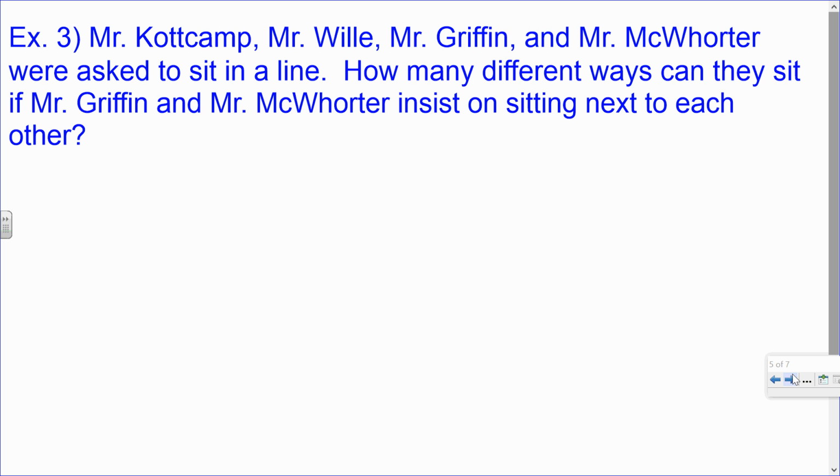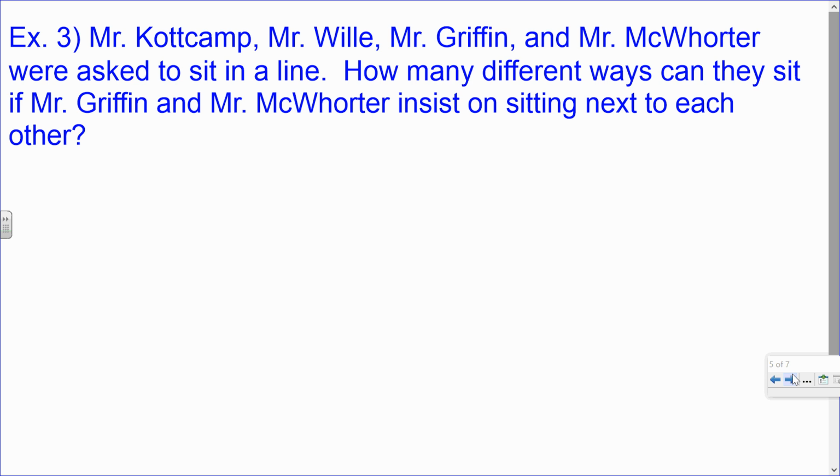So maybe this is at graduation, and since Mr. McWhorter does all of the planning and Mr. Griffin's the principal, maybe they want to make sure they're seated together on stage in case any question comes up, so they can consult with each other without distracting the entire auditorium. Or maybe it's one of your pep rally skits and games, and they don't know what they're getting into, and they feel safer if they're together.